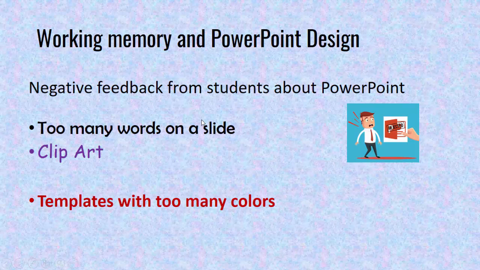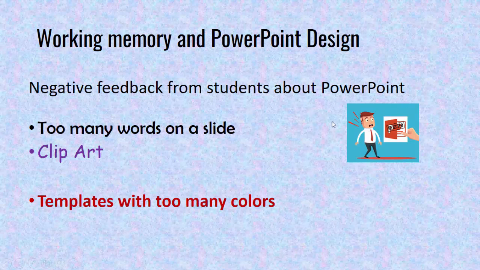This is an example of a poorly designed PowerPoint slide, and Muhlenberg College found that the PowerPoint characteristics that students didn't like were related to design distractions. So there are many distractions on this slide. Generally, too many words on a slide is a distraction.